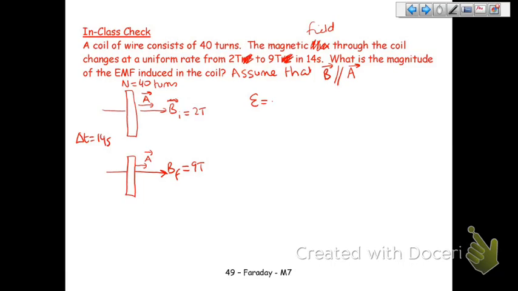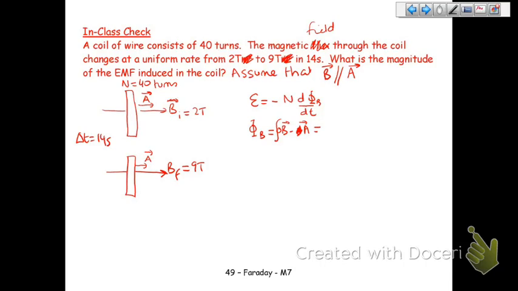So I say, EMF is equal to minus N d phi by dt. Phi B, I should put down, is equal to the integral of B dot dA. Is it B dot A? It's B dot A, isn't it?